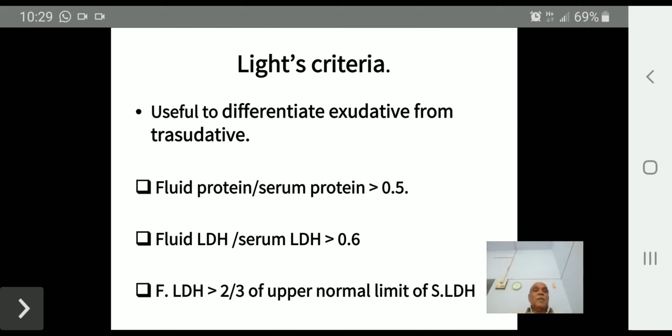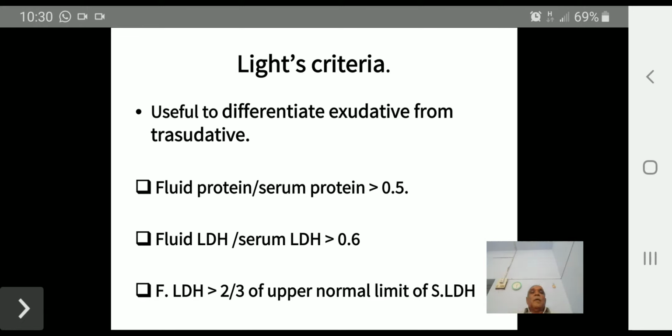we should differentiate exudative from transudative by Light's criteria. Light's criteria has three components. One is fluid protein divided by serum protein; the ratio of fluid protein to serum protein is greater than 50%.